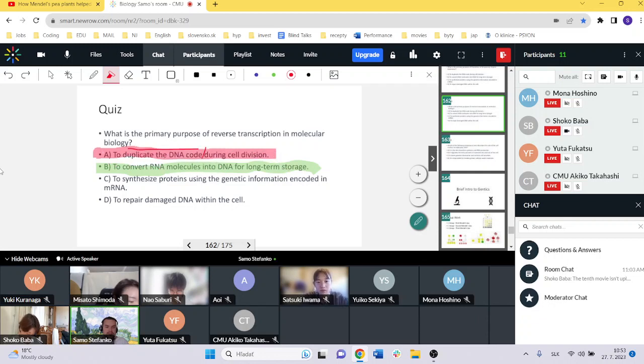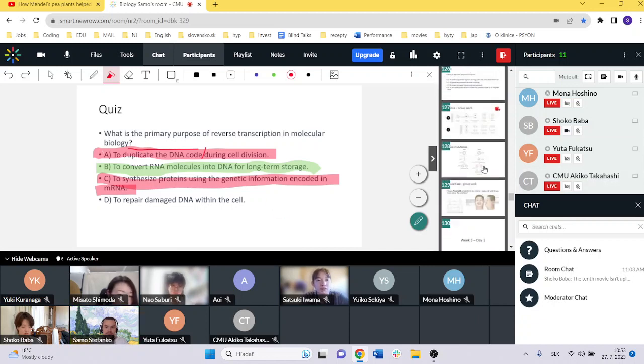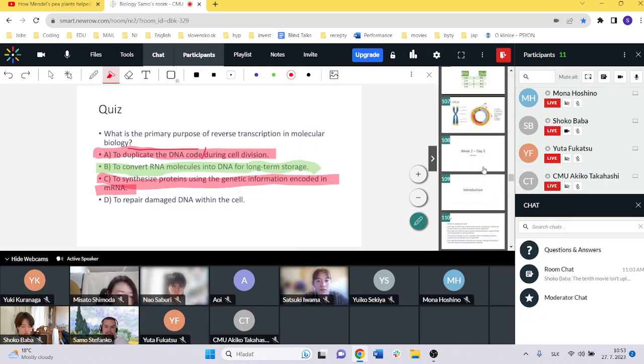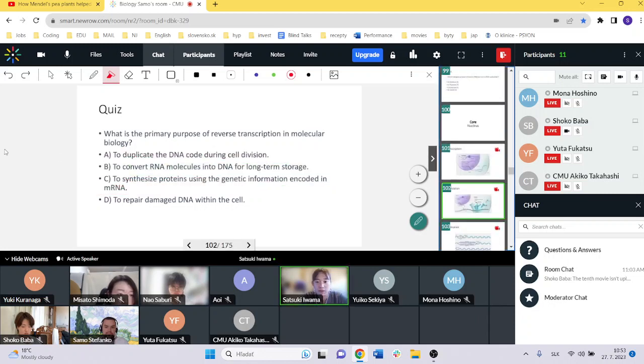To synthesize proteins using the genetic information encoded in mRNA, how is this process called? Translation. Perfect, translation. Where does it take place? Do you remember? Anyone? Ribosome.